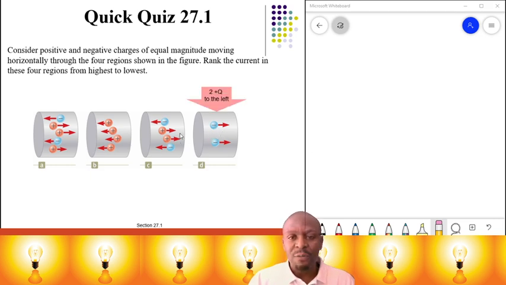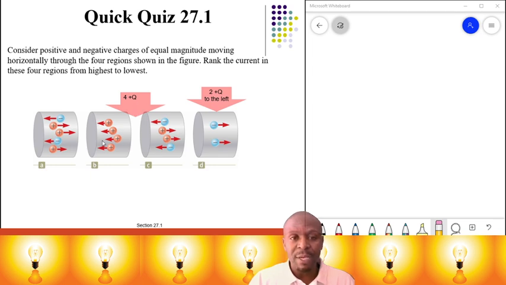Now for the figure in C, you have two positive charges plus two other positive charges, but the positive charges are moving to your right while the negative charges are moving to your left. This is the same as this situation, but in this situation the positive charges are moving in the left direction. So for this one, this is just equivalent to four positive charges.